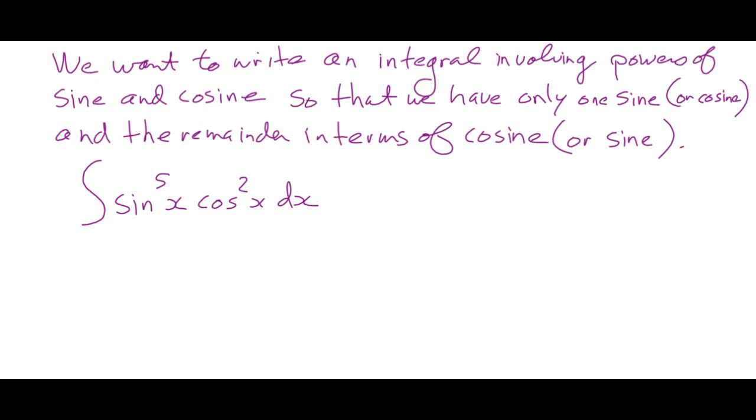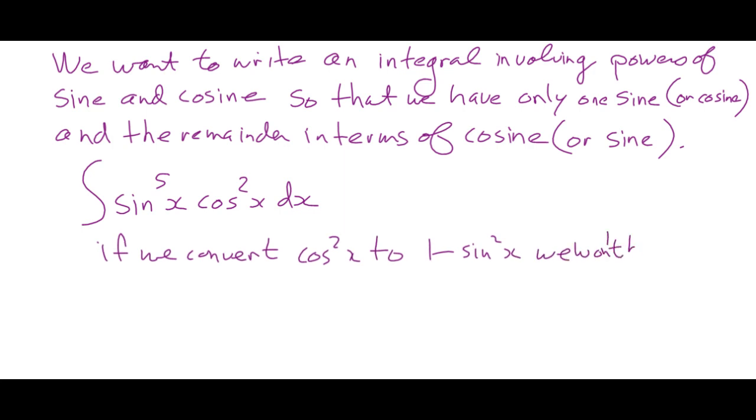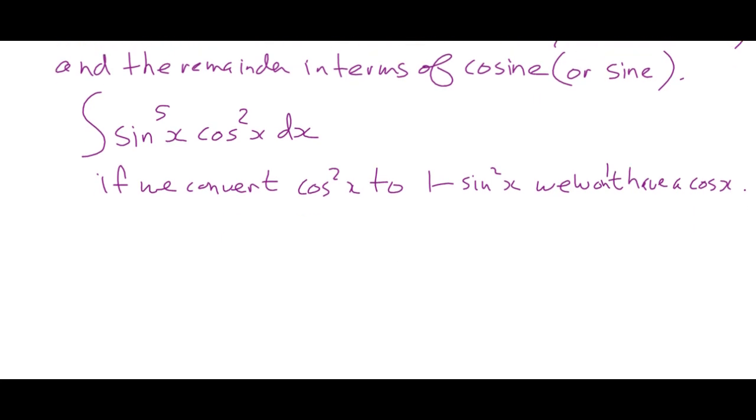We need to have a single sine, single cosine. So if we convert cos squared x to 1 minus sine squared x, we won't have a cos x. Okay, so we need a single cos x or a single sine x.